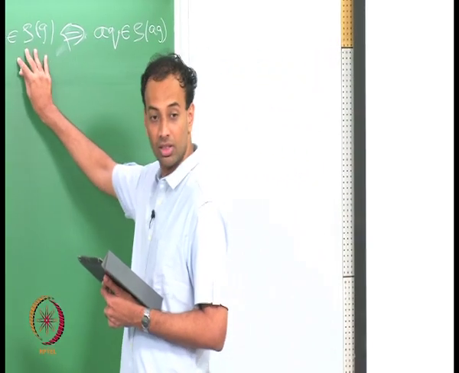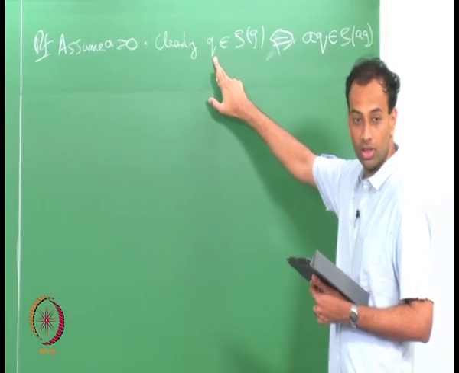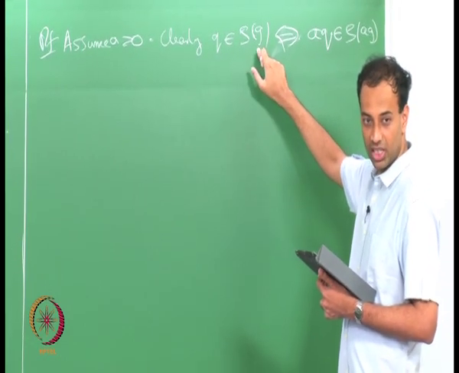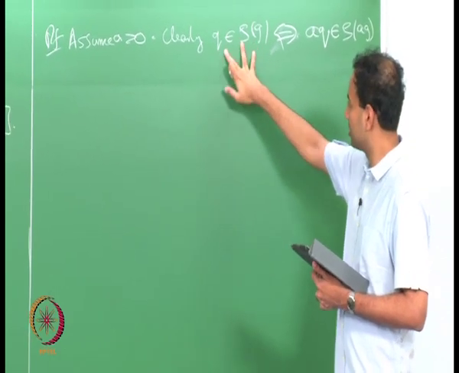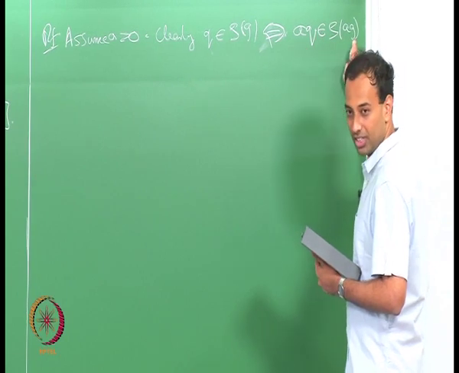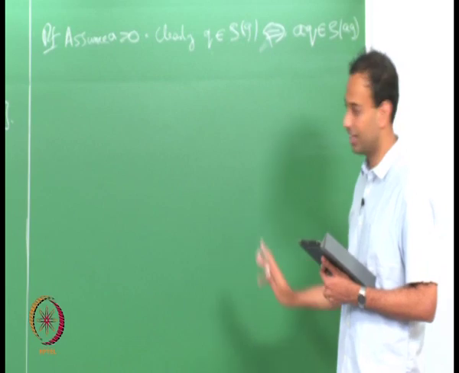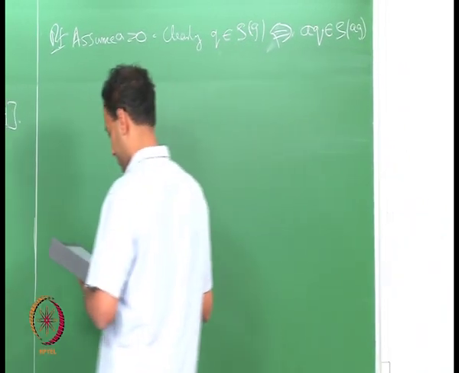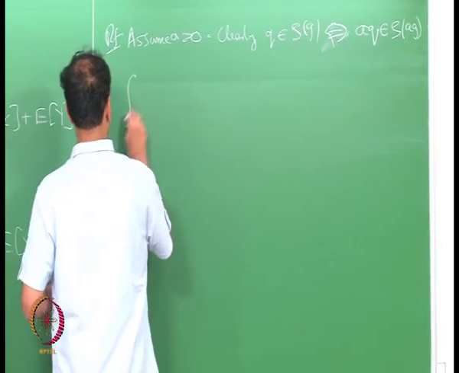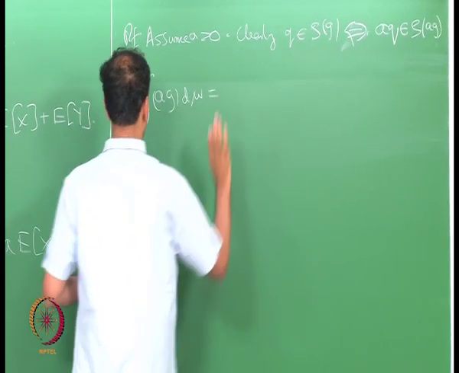What does that mean? Any simple function q which is less than or equal to g, then a q is a simple function less than or equal to a g, and vice versa. That is very clear. So, now you apply the supremum definition. You have the integral of a g d mu, and I have to be a little bit careful here.